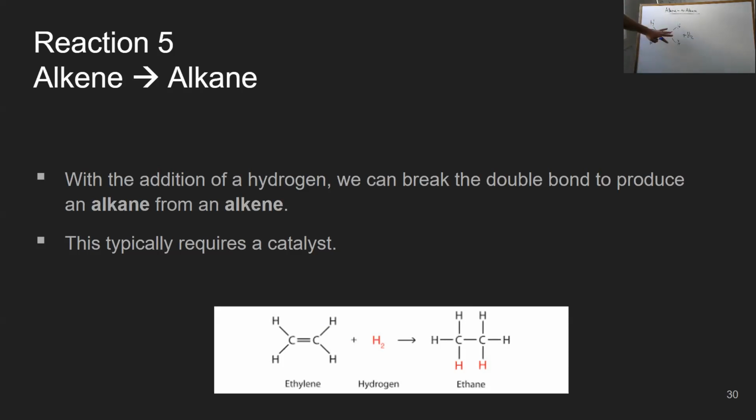This does nothing until we add a catalyst of some description, which makes the reaction happen. So what happens is the double bond breaks and the hydrogen atoms rearrange themselves, and we add H2. So now we're back to ethane. So ethene or ethylene, we add H2 and it becomes ethane again.